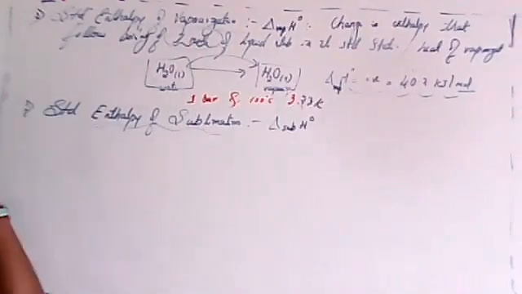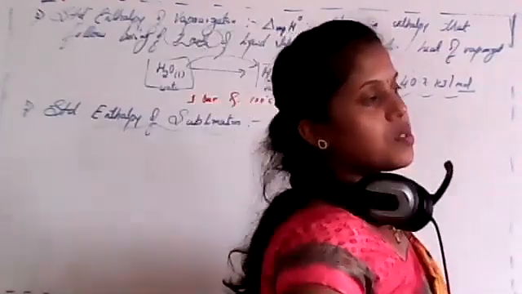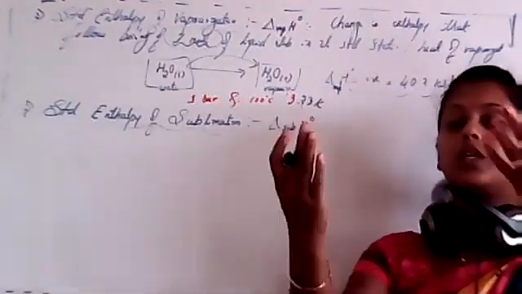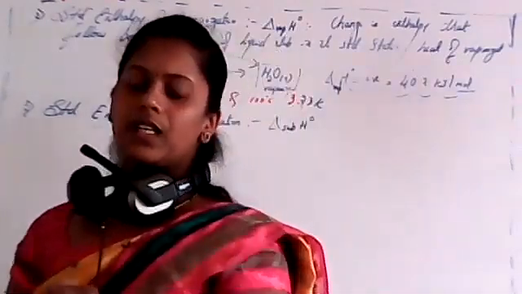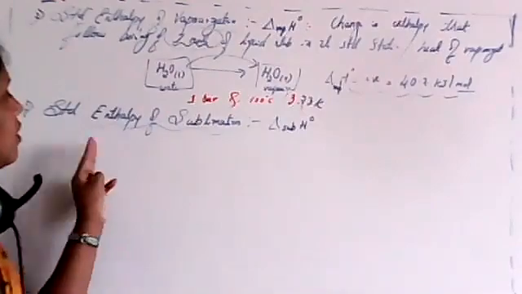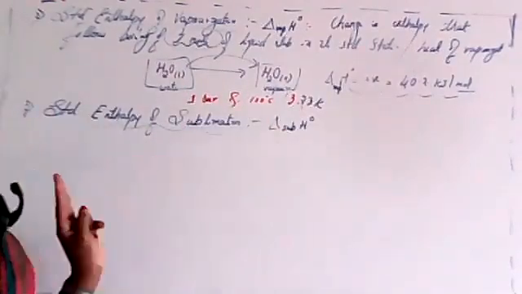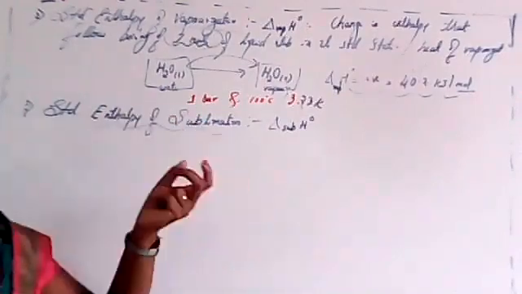What is sublimation? Sublimation is a process where a solid substance directly converts into gaseous state without undergoing any liquid state, isn't it? In that case, you have to write the statement for enthalpy of sublimation.